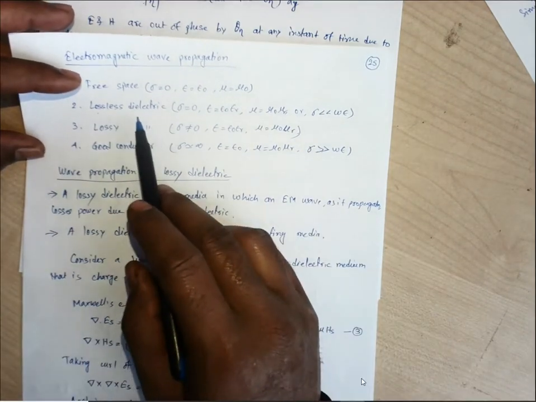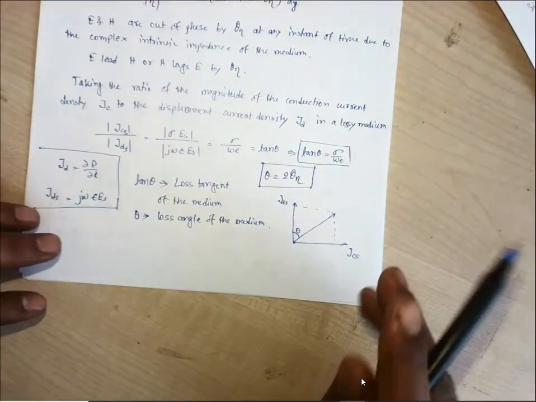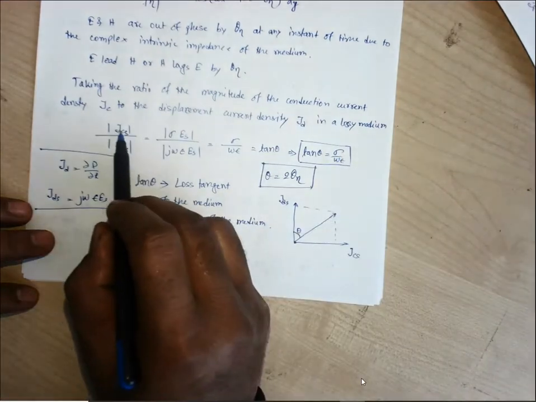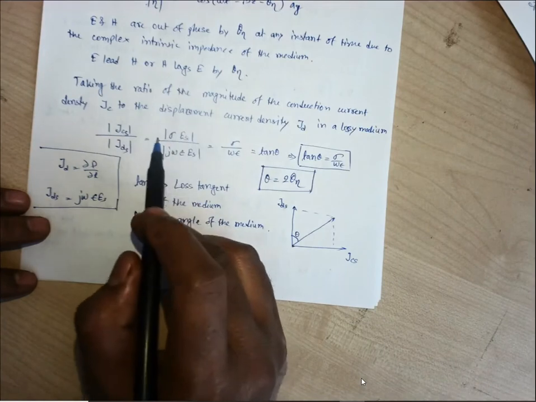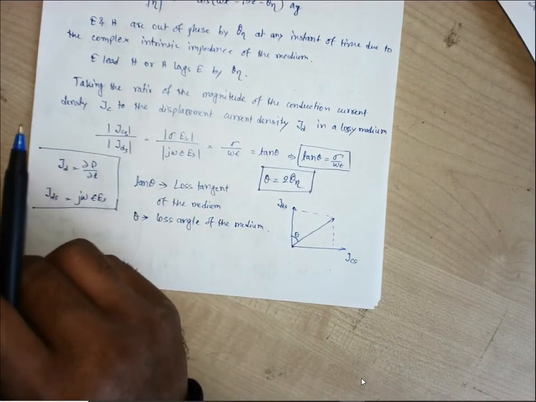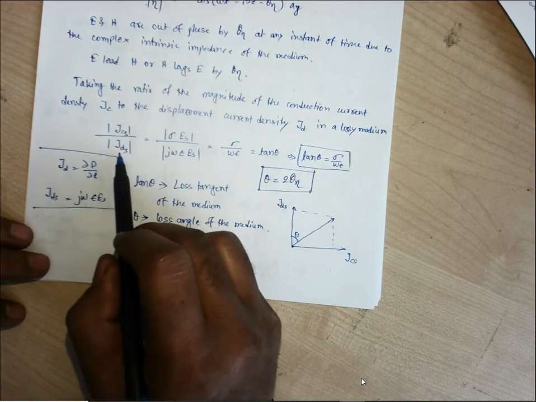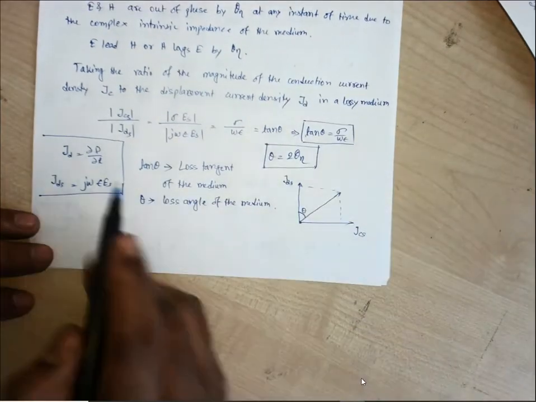For a lossless dielectric, sigma is smaller. Sigma comes from the conduction current, so conduction current will be greater for a good conductor, and displacement current will be greater for a good dielectric or lossless dielectric.